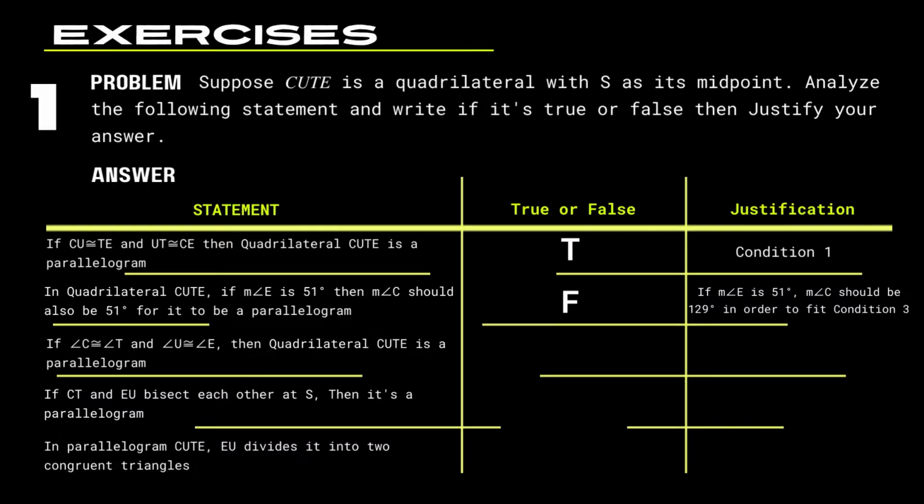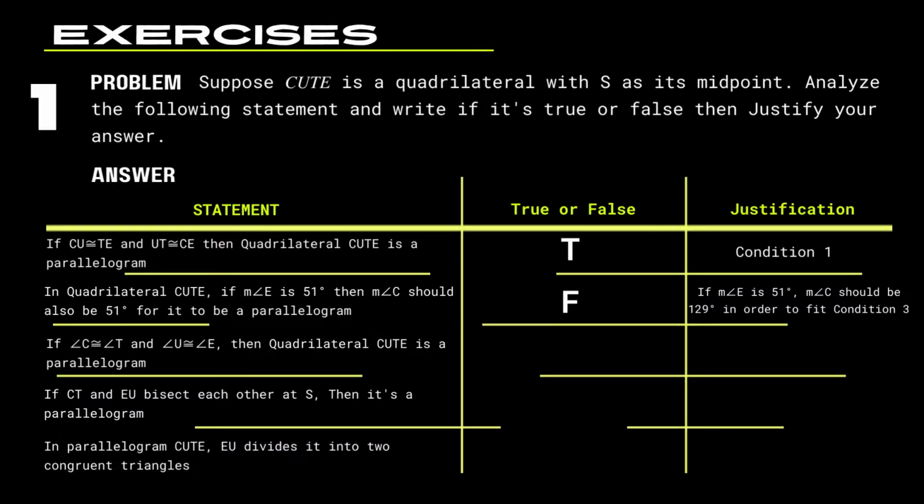Okay? Okay, next. For statement 3, if angle C is congruent to angle T and angle U is congruent to angle E, then quadrilateral CUTE is a parallelogram. Analyzing this statement, the given pairs of angles are opposite to each other.